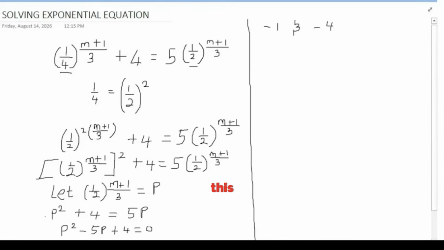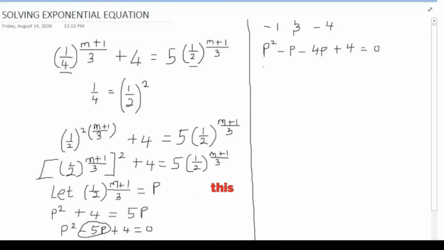So when we solve this quadratic, we are going to have P squared minus P. We are trying to replace the middle term with minus 1 and minus 4, so we write it in terms of P. So minus 4 can be written as minus 4P, then plus 4 equals to 0.